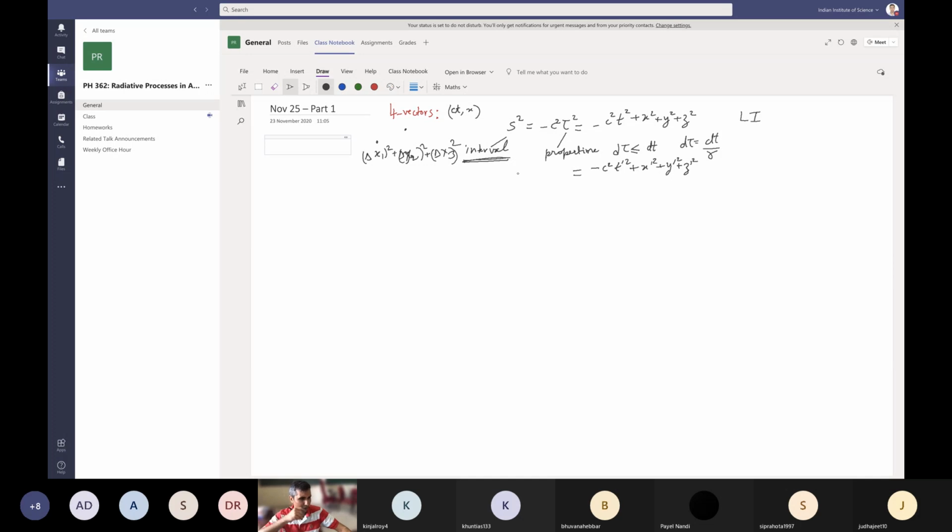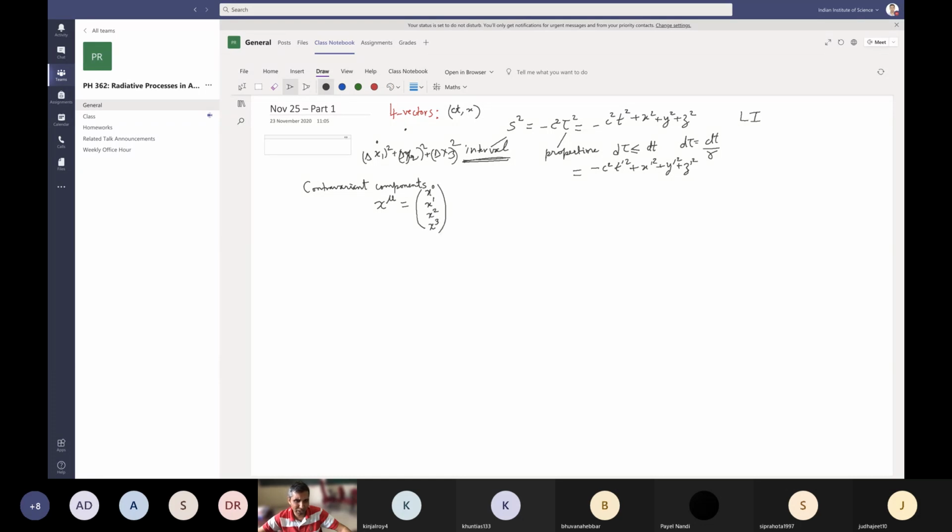Sometimes we talk about contravariant components of a vector. So for example, for x, we denote it with a raised Greek index, x mu. So this can be thought of as x0, x1, x2, x3.